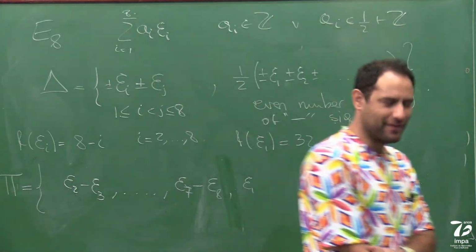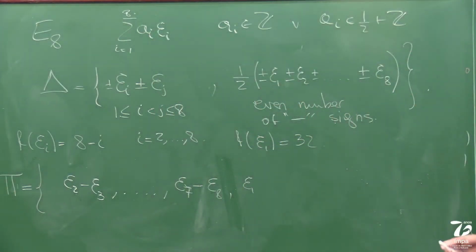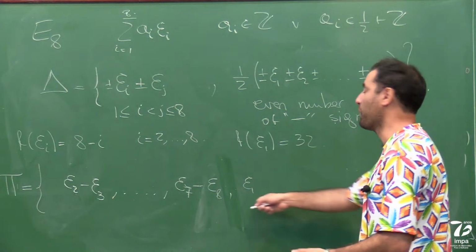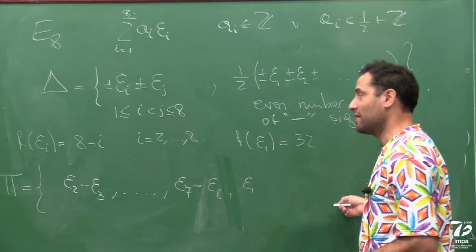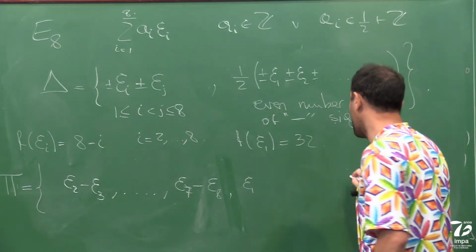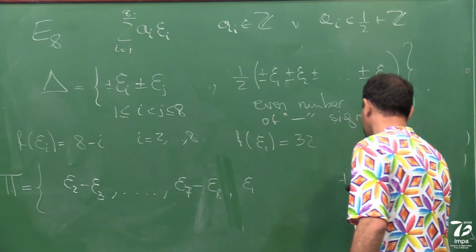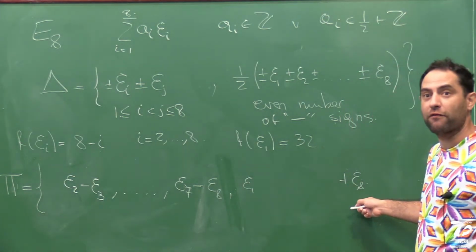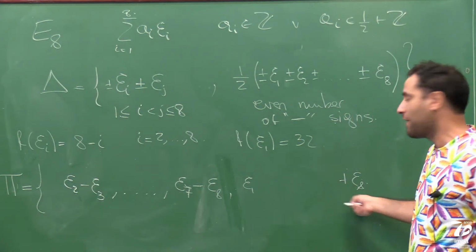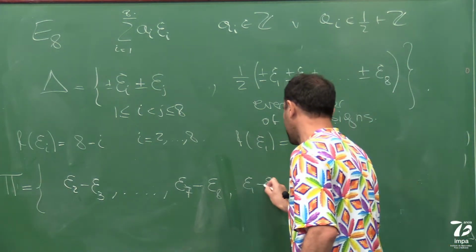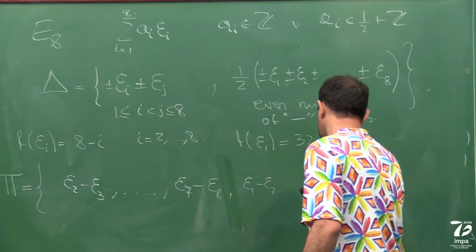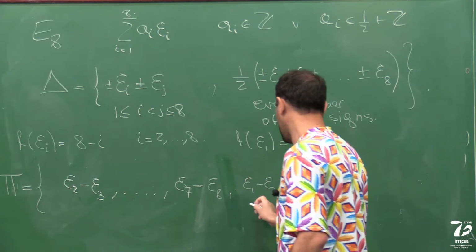We need to take epsilon 8 with a plus sign. Correct. So we want the minimum value for f, and at least we need to add something. So we're going to add epsilon 8, because this guy has the minimum value for f, which is 0. And then we're going to subtract all of the other ones. Good. So this is one root.